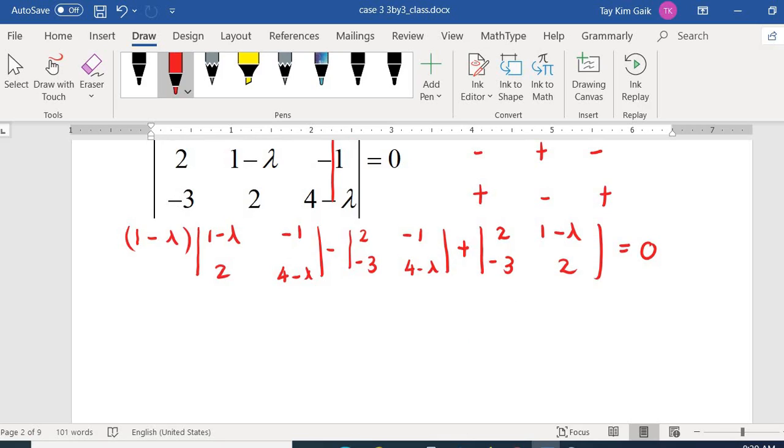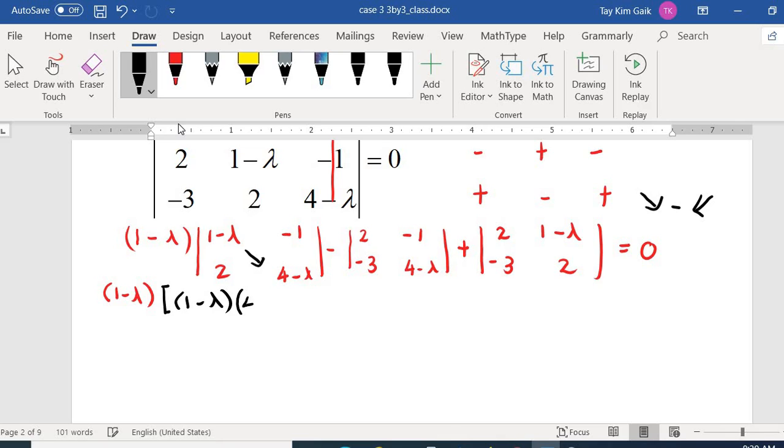Then you simplify the determinants here. Remember how you calculate determinants: you take the product of the main diagonal, and deduct the product of the other diagonal. So you got here 1 minus lambda times 4 minus lambda, minus the product of this diagonal, so minus negative 2 becomes plus 2.